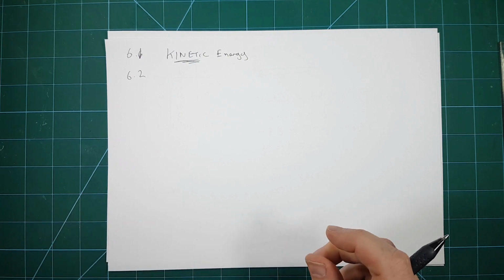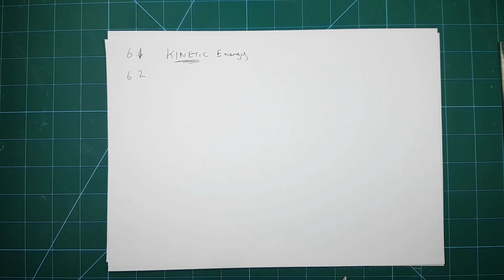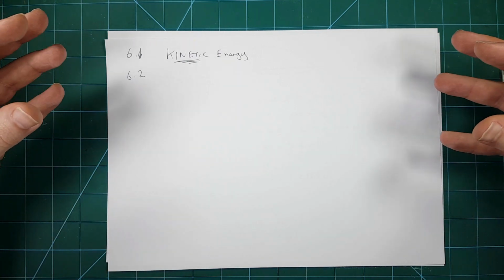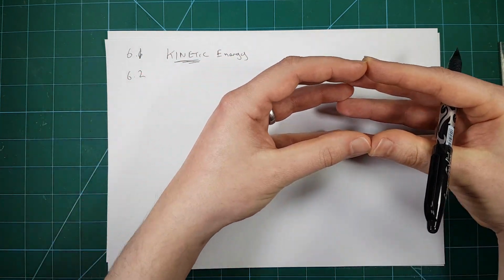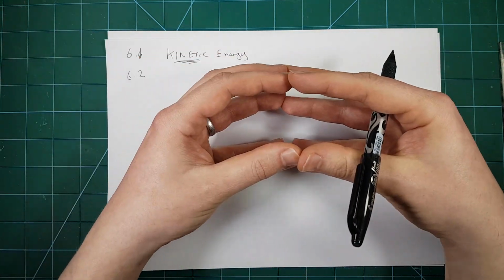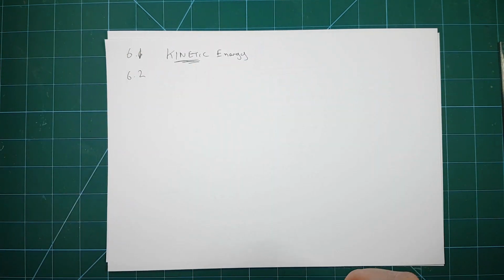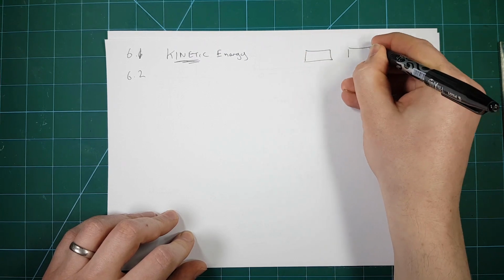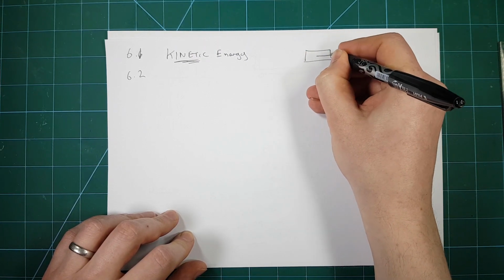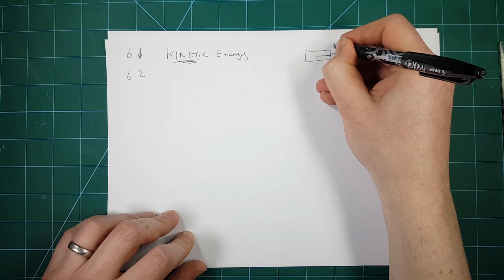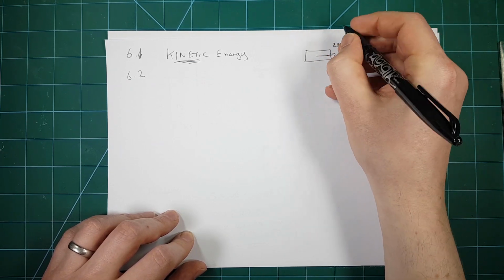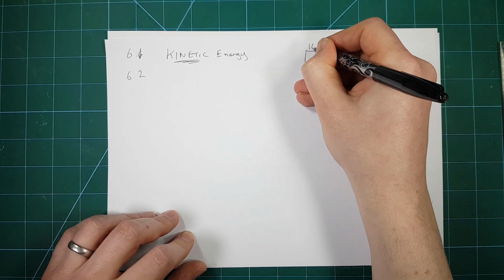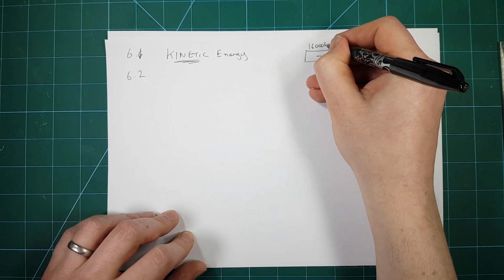6.2. Right, so we've got these trucks and they're colliding, and we need to find out the speed of the joined trucks. They're coming towards each other, bang, they collide, and they move off in one of the two directions. I'm going to guess they're moving to the right, but we'll find out. So this is our initial, and this is moving this way with 2.8 meters per second, and this is 1,000 kilograms.